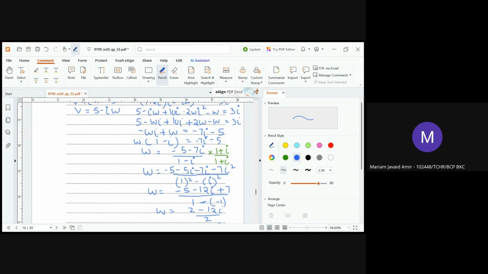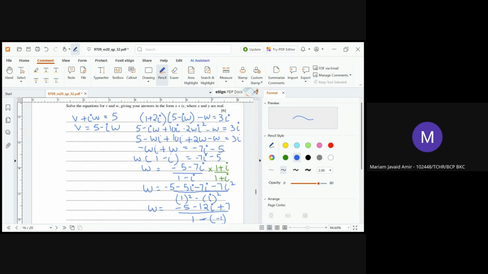Next part, where we have to find the value of v. So now we're going to replace w with the expression that we got, 1 minus 6 iota. We already have found w, substitute it here and get the value of v. So 5 minus iota plus 6 iota squared.